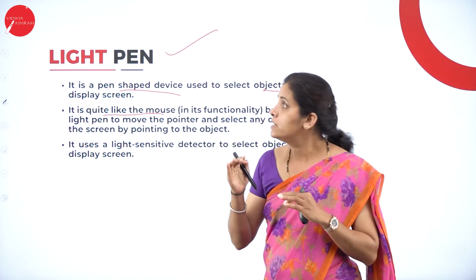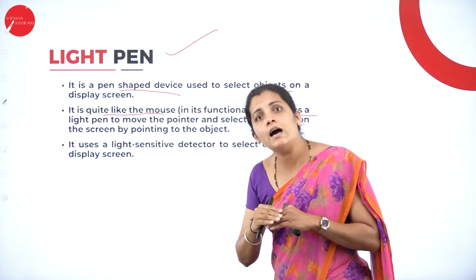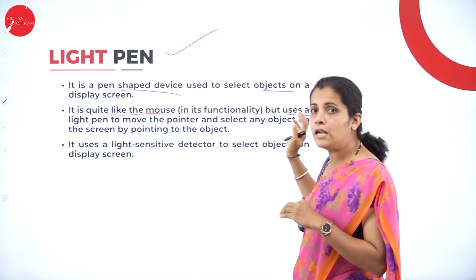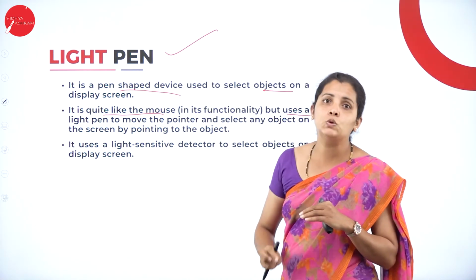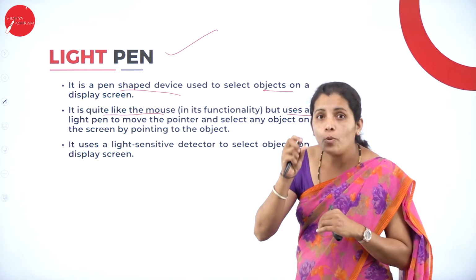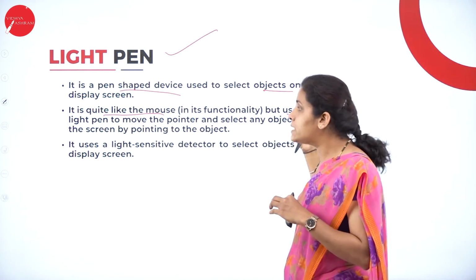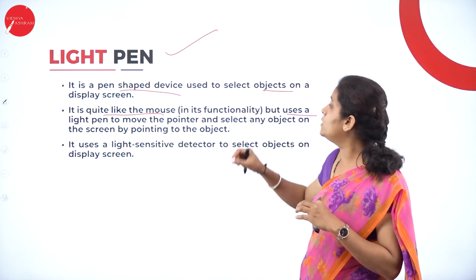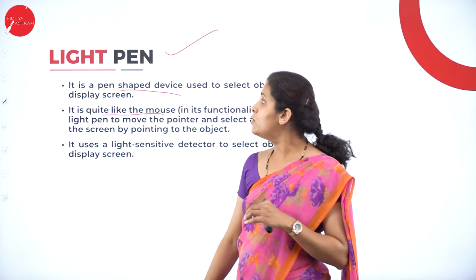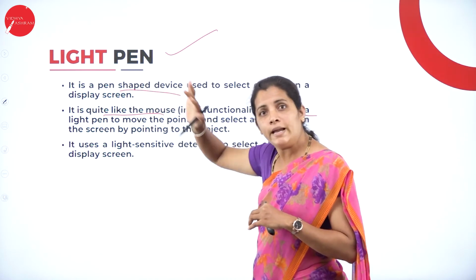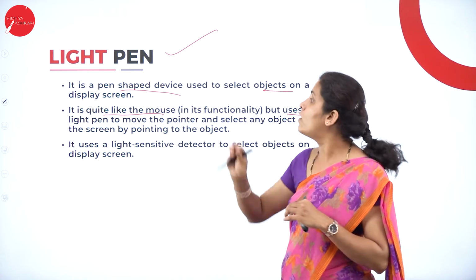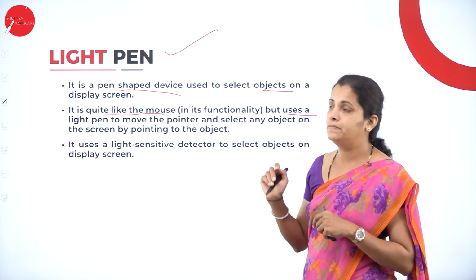So all the functions are the same as your mouse, but here the light pen is mainly used to point to or select the object on your display screen.